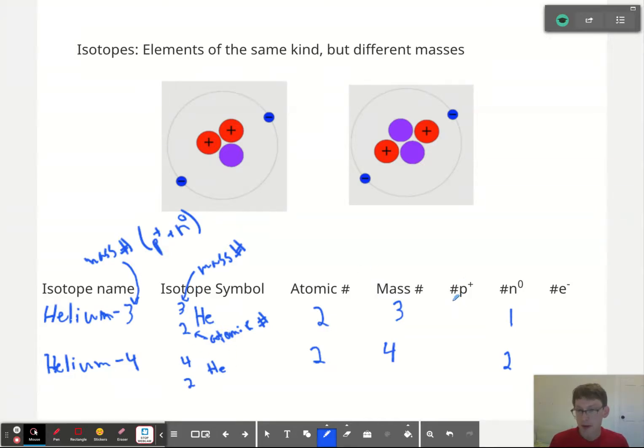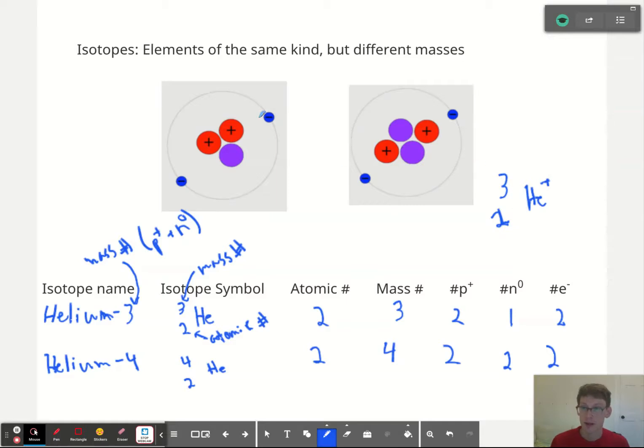As for everything else, the atomic number is the number of protons, so we have 2 and 2. And if we count the electrons, it's 2 and 2 for both of them. If it were the case of a helium positive ion, like 3 over 2 He with a positive charge, then I would need there to be 1 less electron than proton.